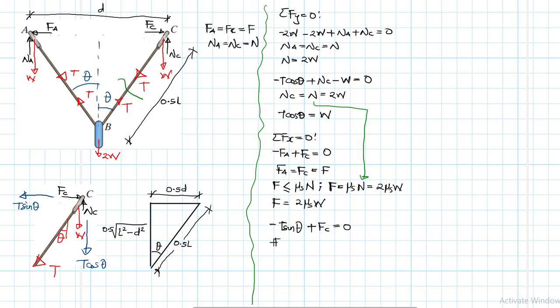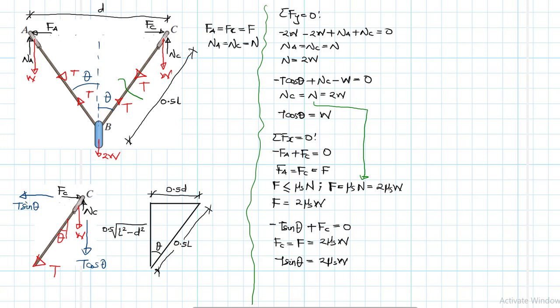We know that Fc is equal to F, okay, which is equal to 2 mu s W. Therefore, T sine theta is equal to 2 mu s W. Okay, is that fine?